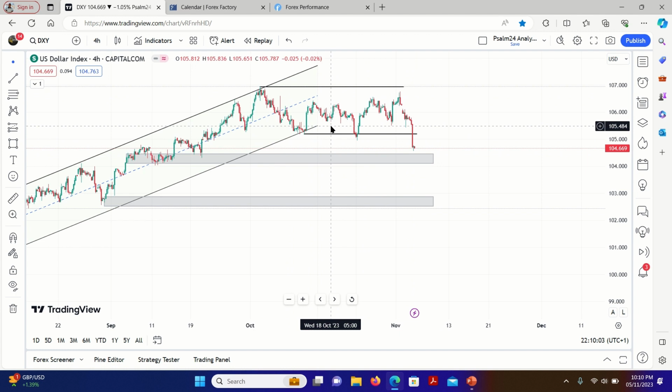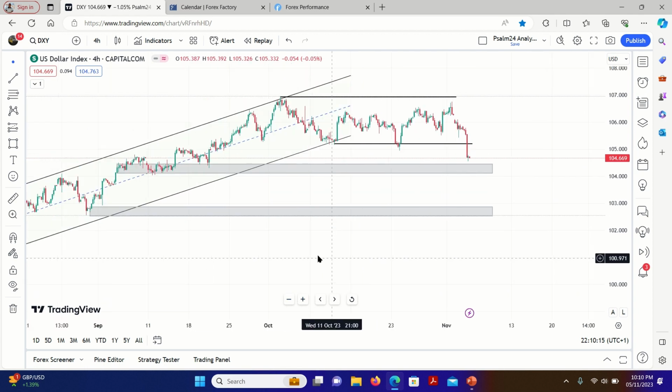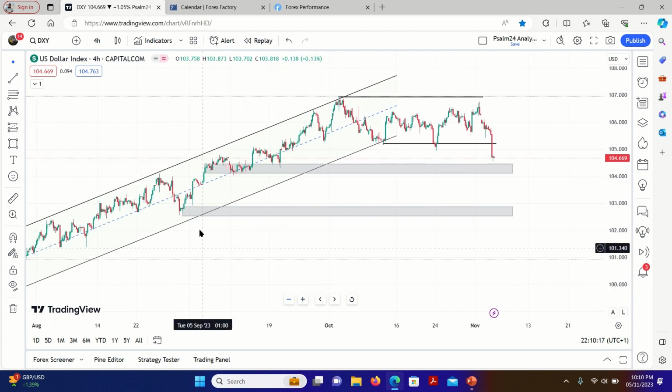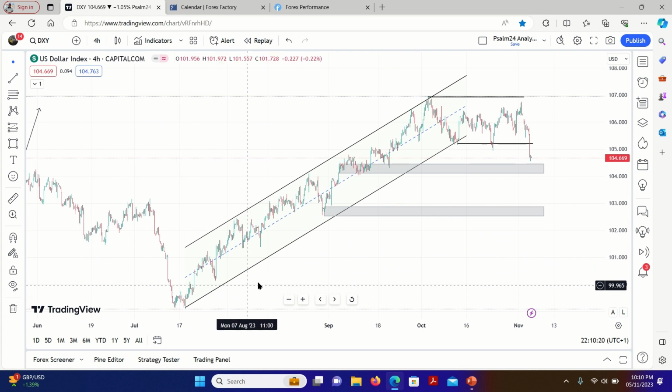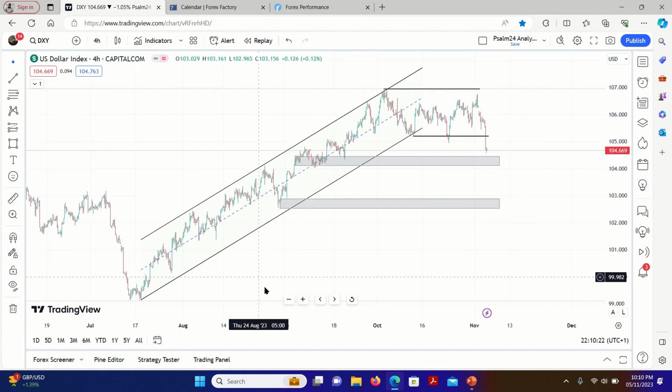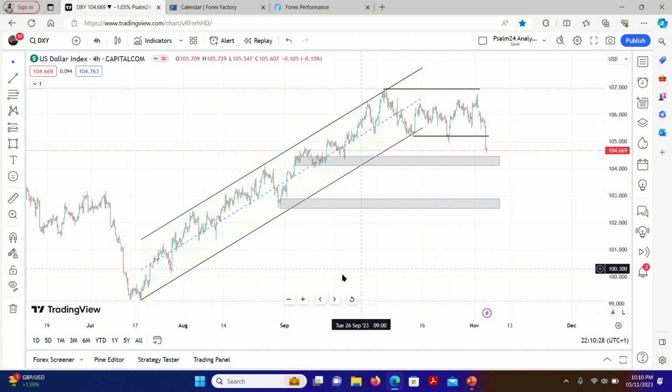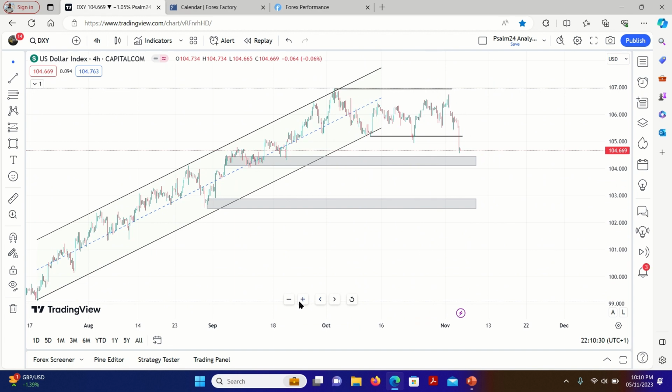All right, so what are we to expect on this particular pair? What we can expect is this. After considerable days or weeks of bullishness, we then started seeing the consolidation.